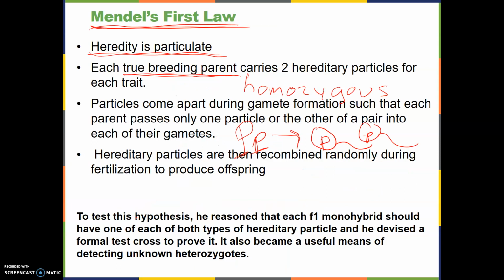Okay. To test this hypothesis, he reasoned that each F1 monohybrid should have one of each of both types of hereditary particle, and he devised a formal test cross to prove it. It also became a useful means of detecting unknown heterozygotes.